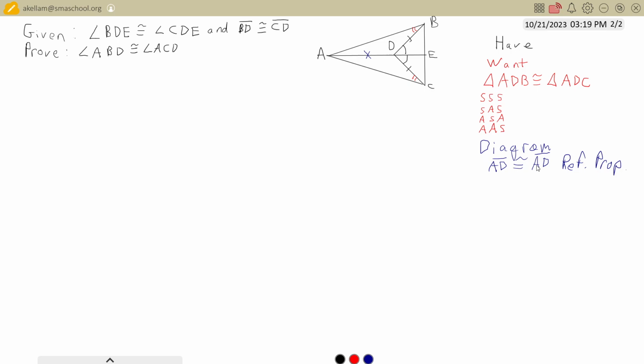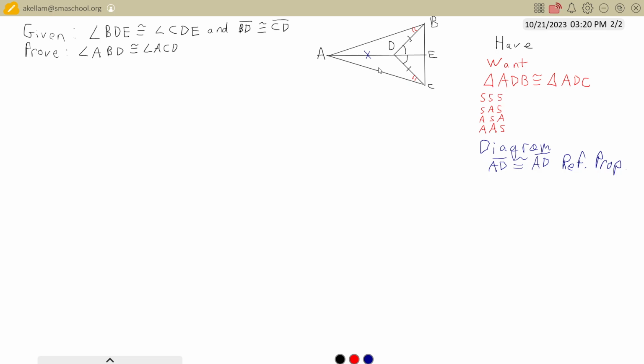So, if I look at what I had, 2 sides that happen to be part of my triangle congruent. And then from the reflexive property, I can see that AD is congruent to itself.